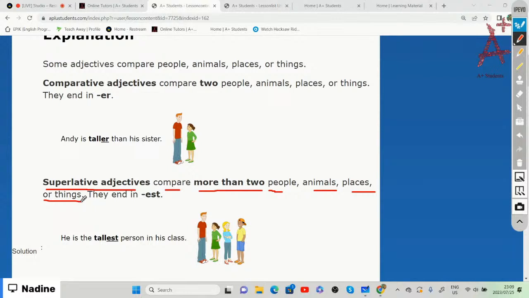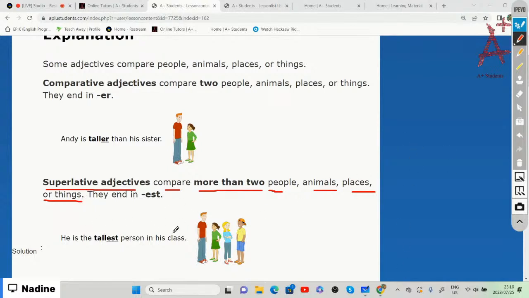It is like comparing the lion to all of the animals in the jungle, where we can say that he is the strongest animal in the jungle. That is a superlative adjective because we compared the lion to all of the animals within the jungle.